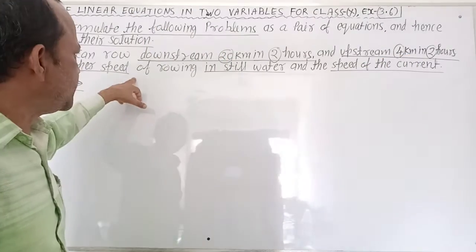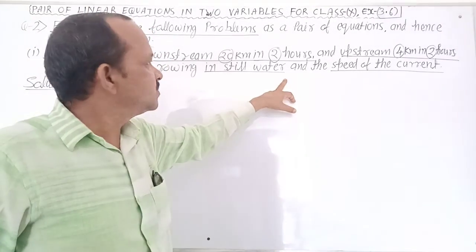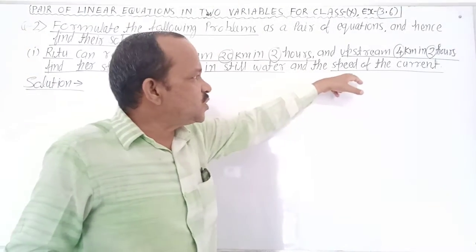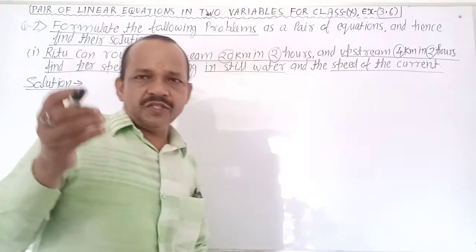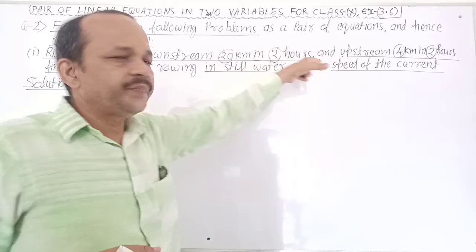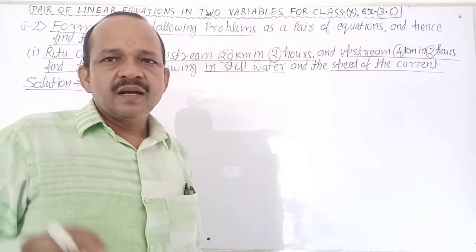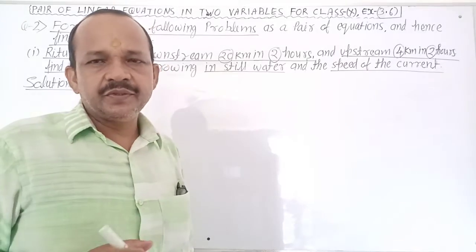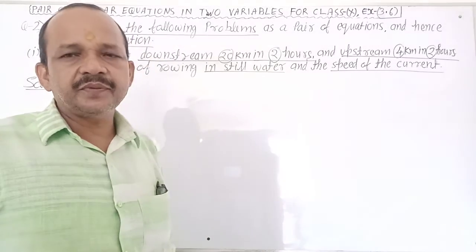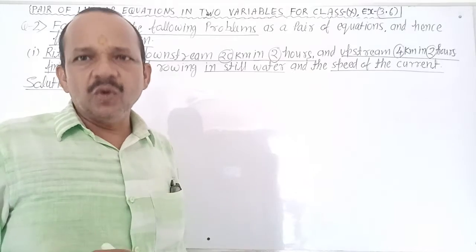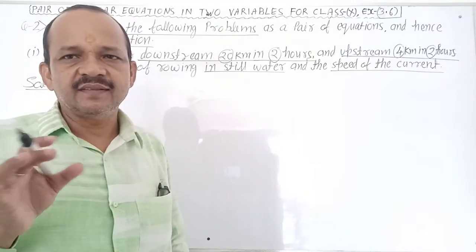Find the speed of rowing in still water and speed of current. It means you formulate the given situations and solve them and find the speed of boat and speed of water.